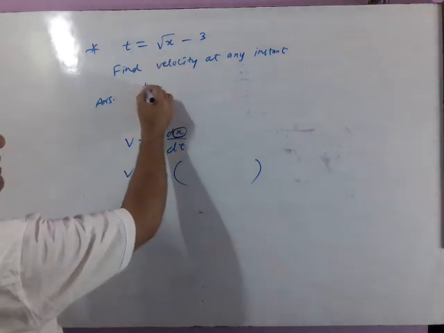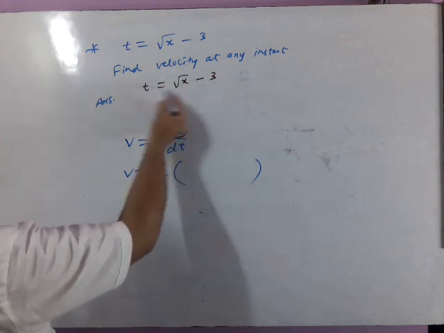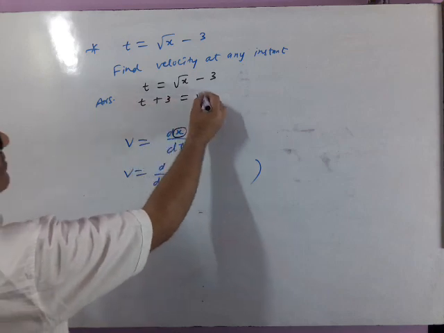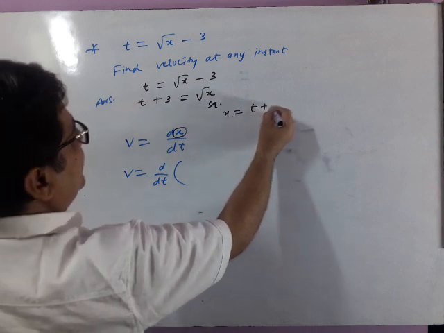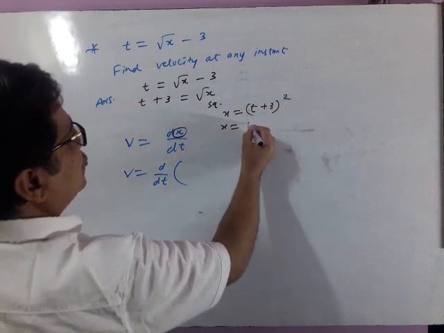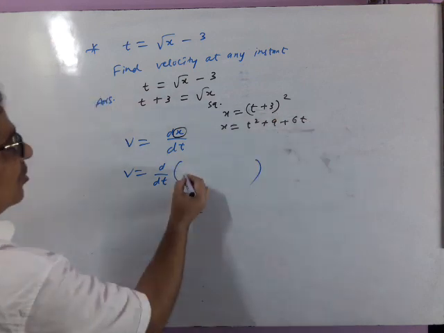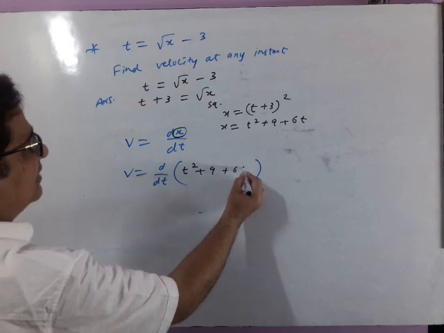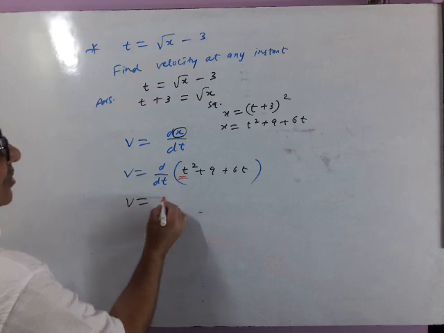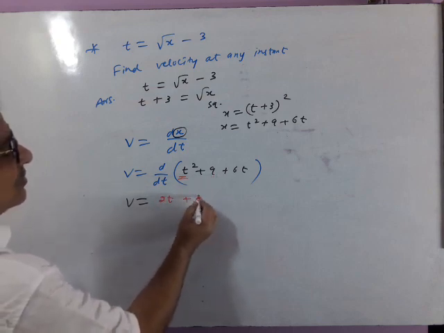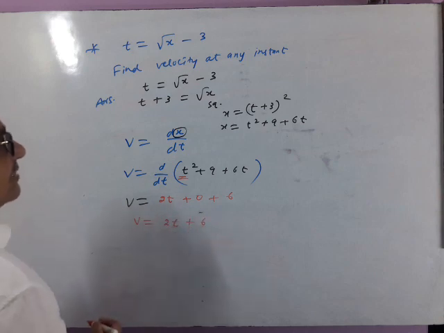If it is not given directly, then do some mathematical calculation. Take this minus 3 on the left hand side. Now squaring both sides, x will be (t plus 3) whole square, a square plus b square plus 2ab. Now put the value of x: t square plus 9 plus 6t. Now apply the basic formula of differentiation. Differentiation of t square is 2t. 9 is constant, so 0. 6t gives 6. So velocity is 2t plus 6.